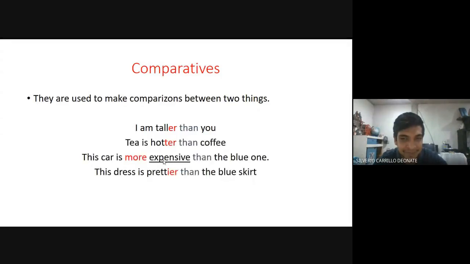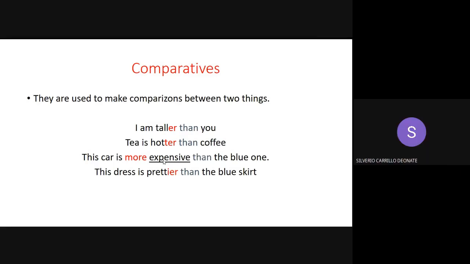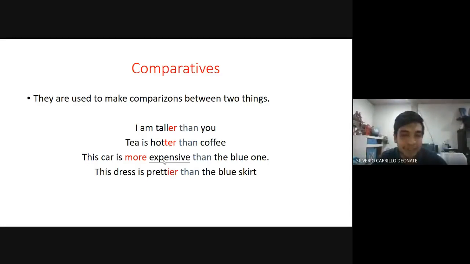So remember, this B is a completely different sound. The first is ex, then we have pen, then we have sive, expensive. So remember, it's the sounds we produce when we pronounce the word, and then there are four syllables in that word. That's why we're going to just add the word more. And this car is more expensive than the blue one.